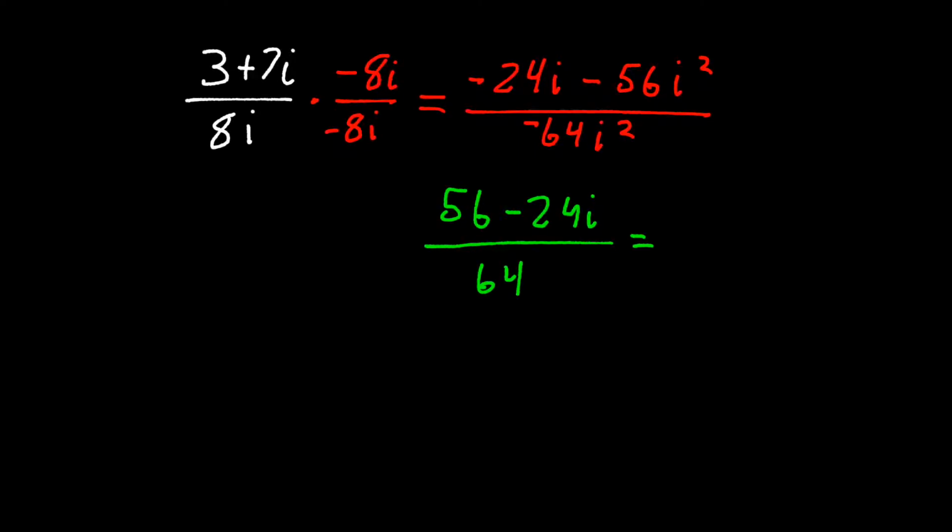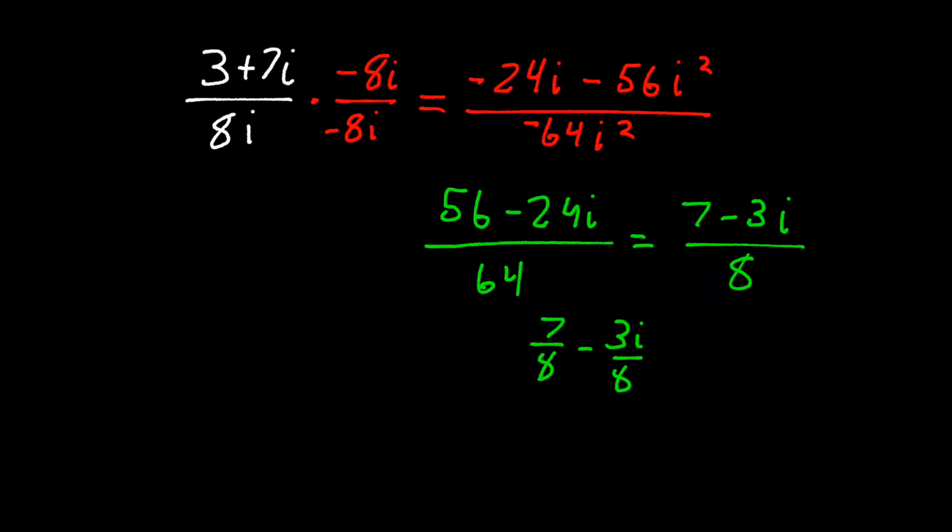So this will turn out to be 7 minus 3i all over 8. And that is our final answer. The only other thing we could do with it is break it up to be 7/8 minus 3i over 8. And we have successfully divided with complex numbers.